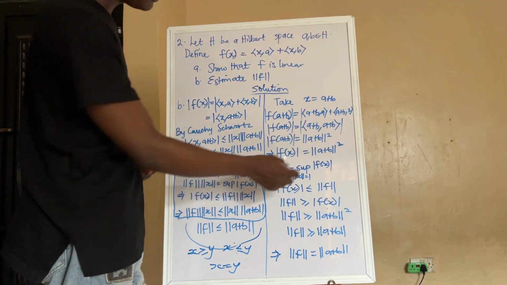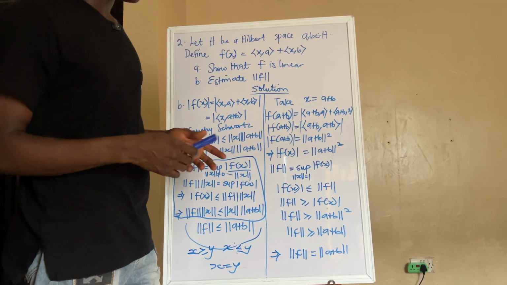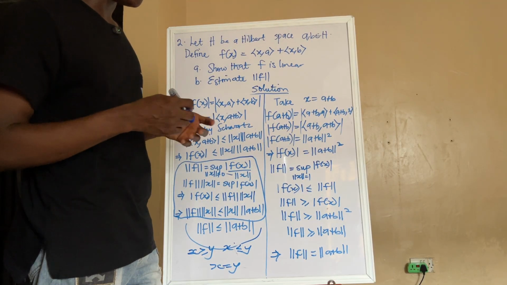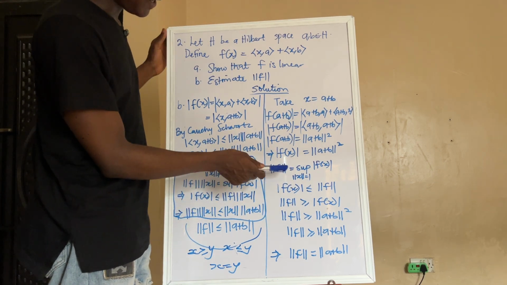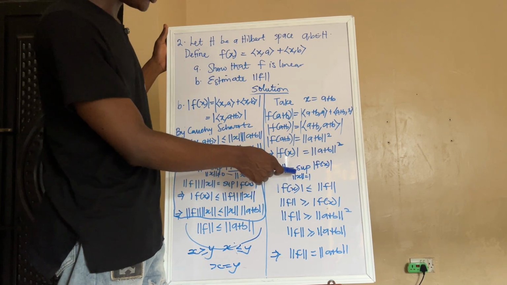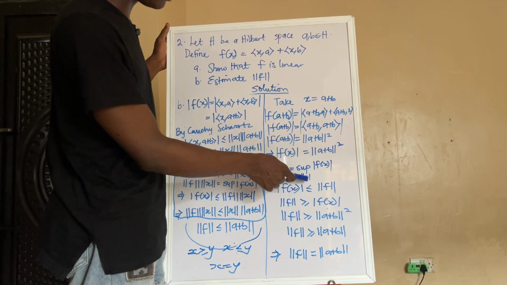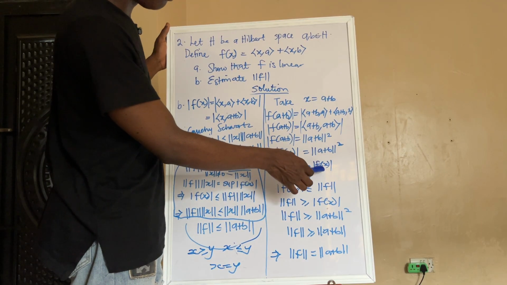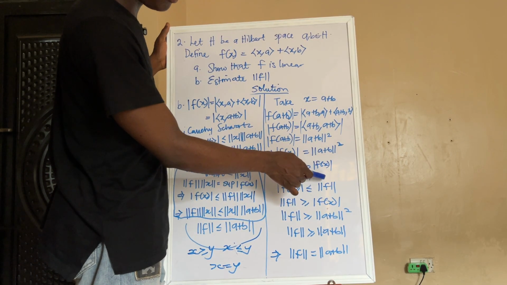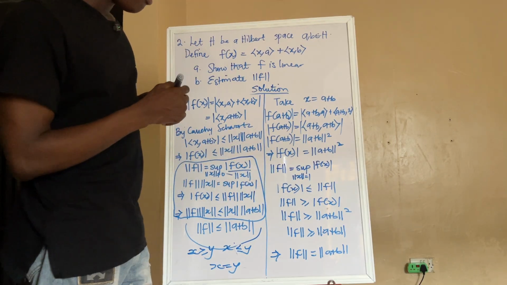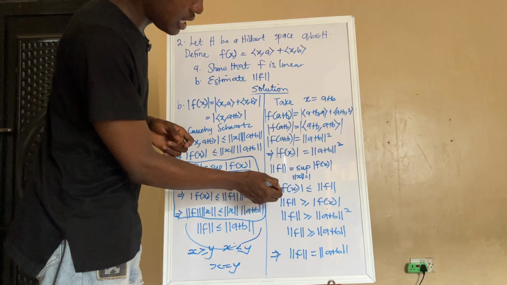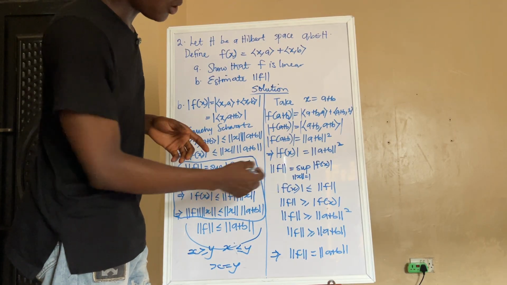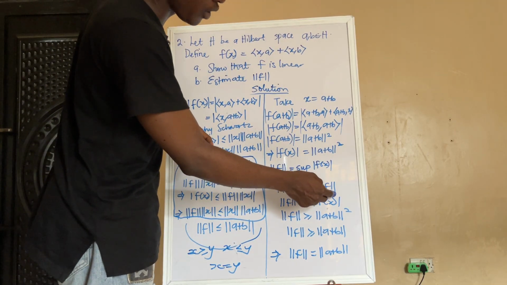Now, this is another definition for the supremum norm, which is why I made that video about the supremum norm earlier. So we just know how sup works. Here, the norm of f is equal to the supremum, over norm of x equal to 1, of the absolute value of f of x. And this implies that the absolute value of f of x is less than or equal to the norm of f.